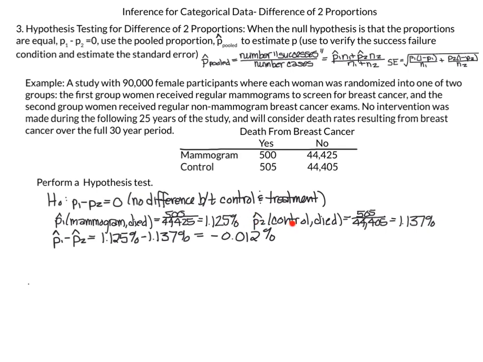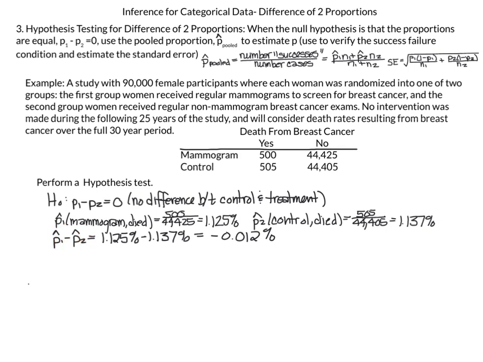That's the control group of people who died, and that's 1.137%. So the difference between 1.125 and 1.137 is negative 0.012%.